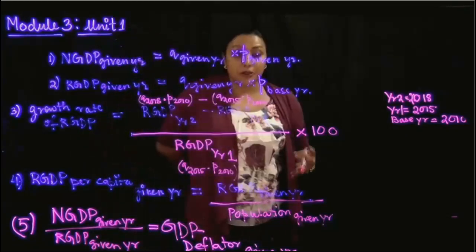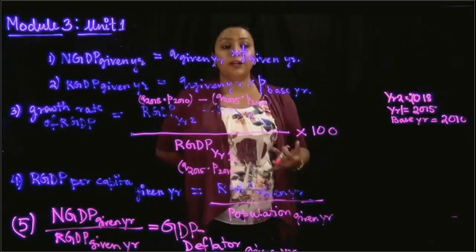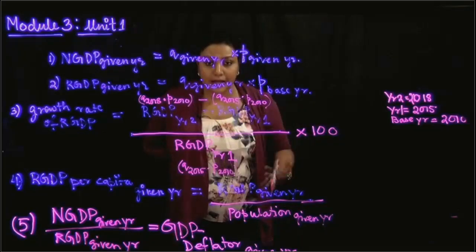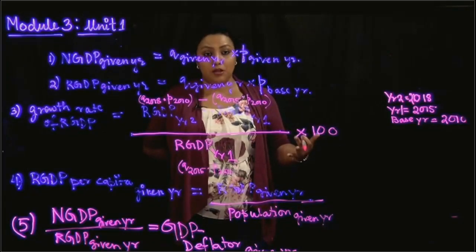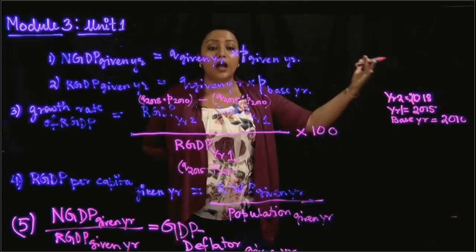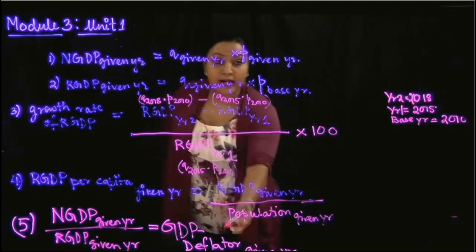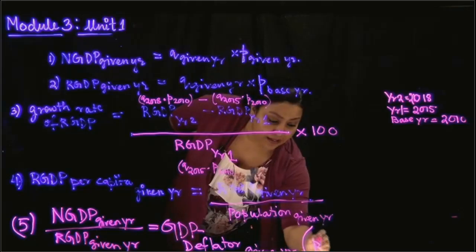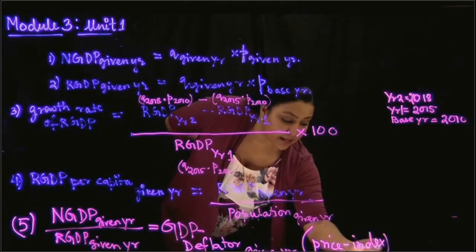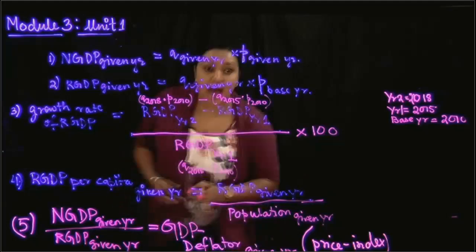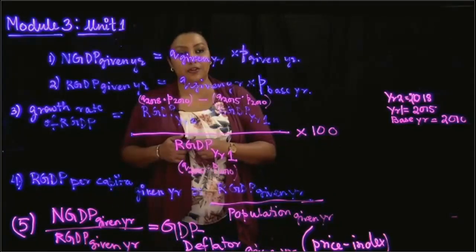What is the GDP deflator? The GDP deflator is basically an indicator of the average price level in the economy. Are the prices going up or down? It is an index of price. It's a macroeconomic price index that tells you the average price level in the country.